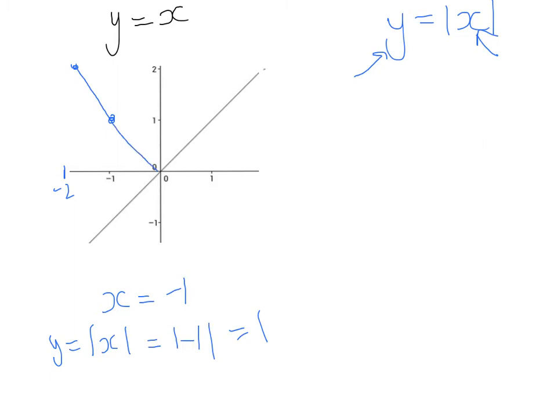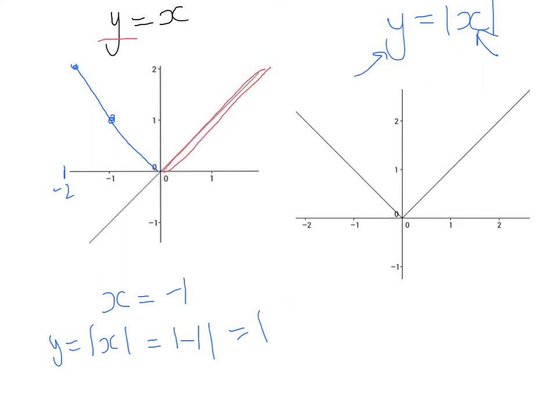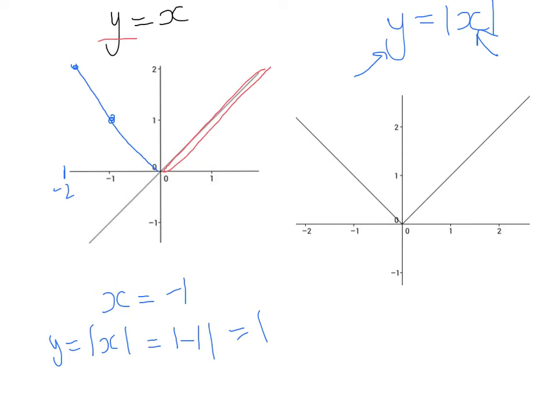The reason we don't change this is because all these values for y are already positive. If we look at this in a more formal way, we have our graph here, and you can see that your y value at every point is positive because it's the modulus of x.